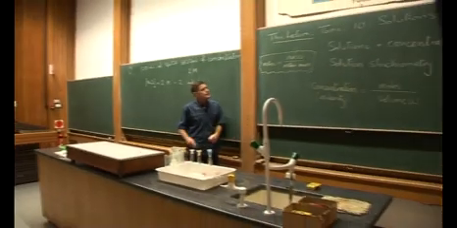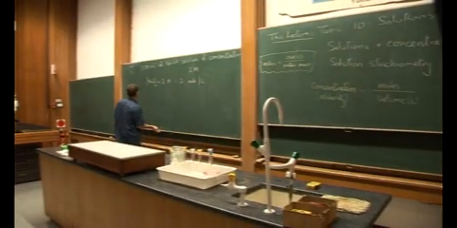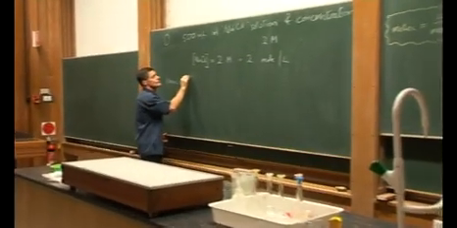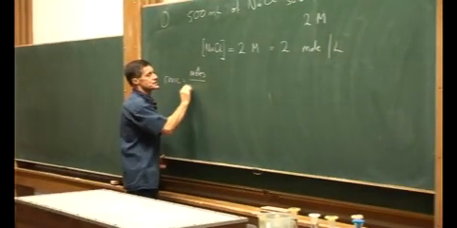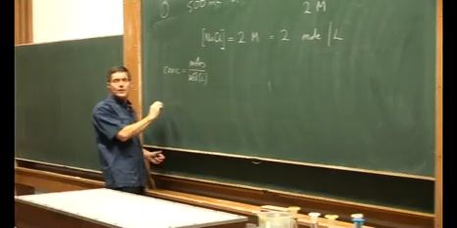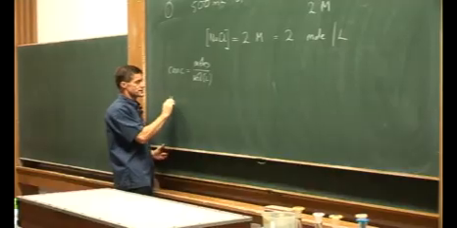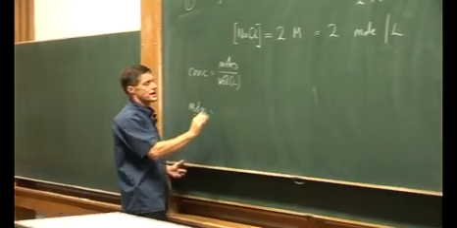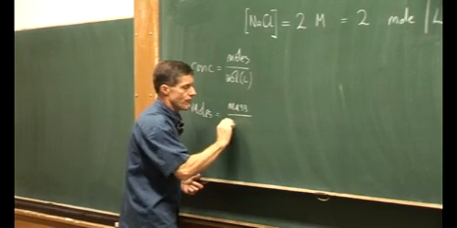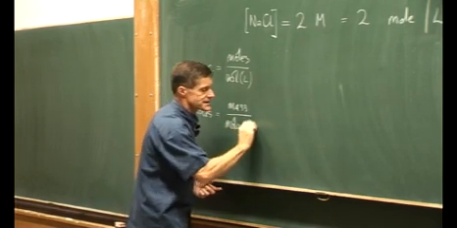We need our formulas. Maybe I write them again here. Firstly, concentration is moles over volume in litres, and the formula that we have used extensively this morning is moles is mass over molar mass.